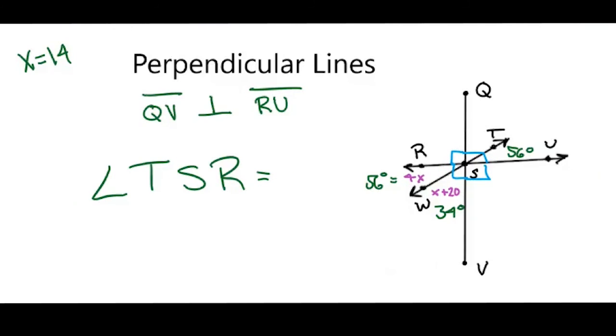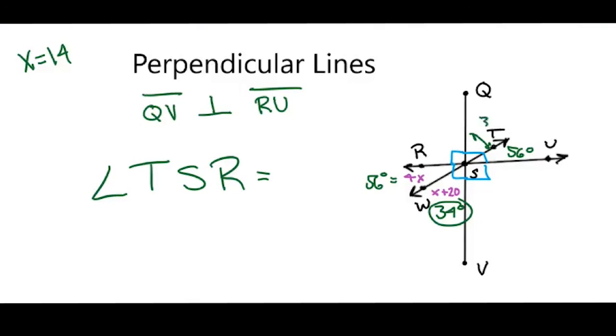So what if I want to find the measure of angle TSR? That would be this angle right here. Well, I do know that QSR is 90 degrees. So from here to here is 90 degrees, but I don't know the measure from here to here. But I do know that that's a vertical angle with angle WSV, which we know is 34 degrees.